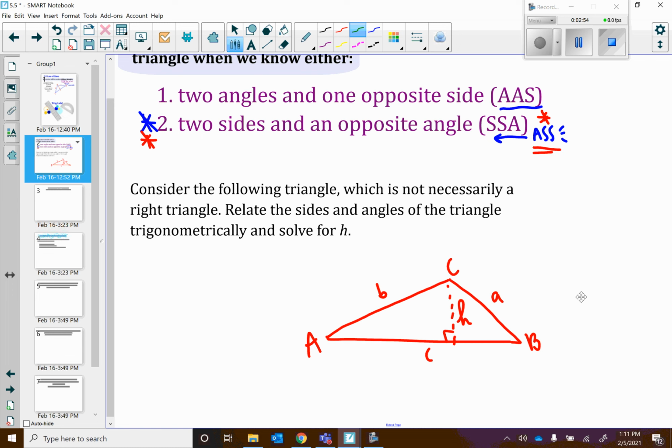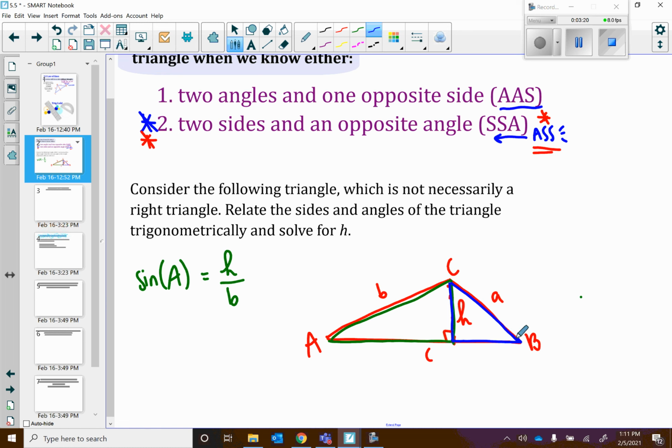Let's consider just this triangle right here, because this little green triangle is a right triangle. If I look at that, I could say that sine of angle A is equal to the opposite, SOHCAHTOA, right? Opposite H over hypotenuse B. What if we consider this little triangle right here?